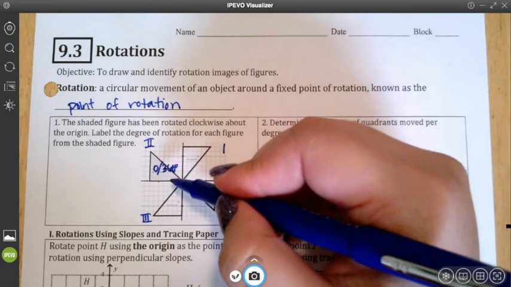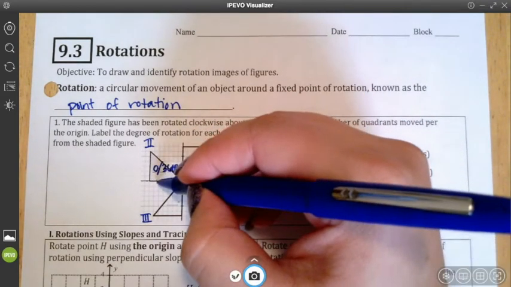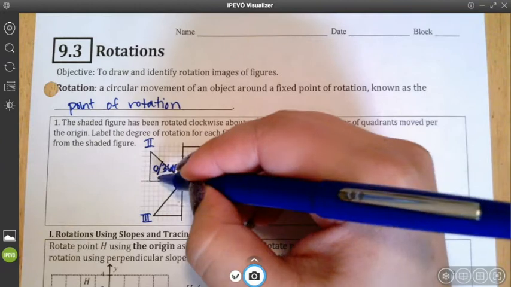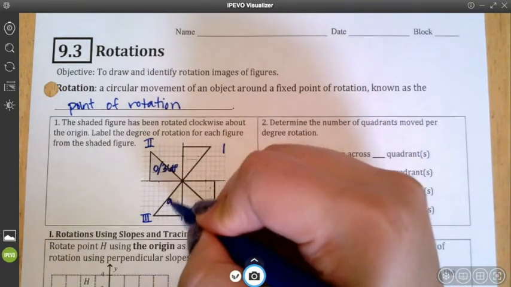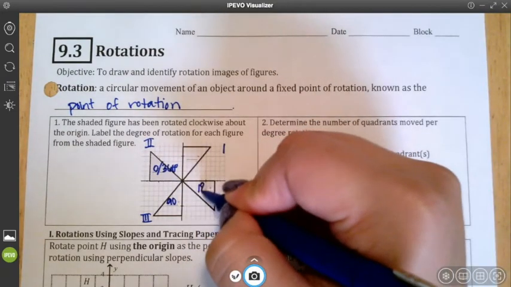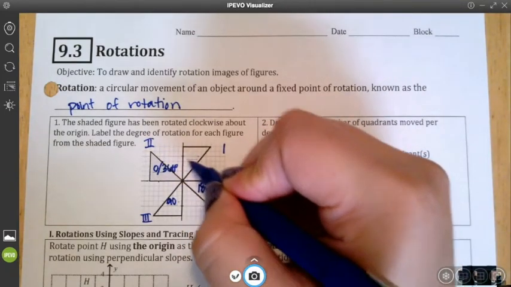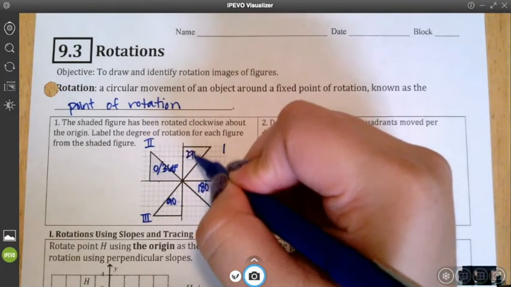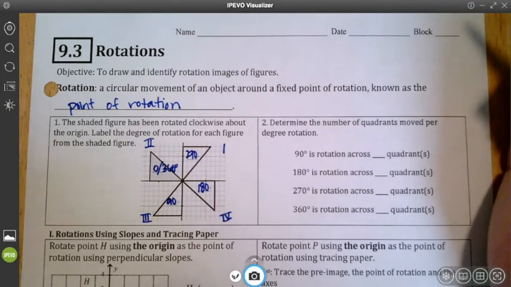Remember, 360 degrees means going all the way around. I can say then that to rotate by one quadrant is a right angle. So that is by 90 degrees. 2 quadrants is a straight line. That's 180 degrees. 3 quadrants is 180 plus one more 90 makes 270 degrees. And then all the way around is 360 degrees.